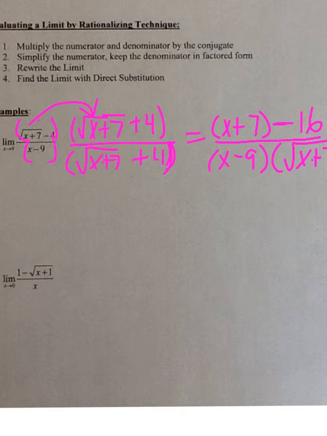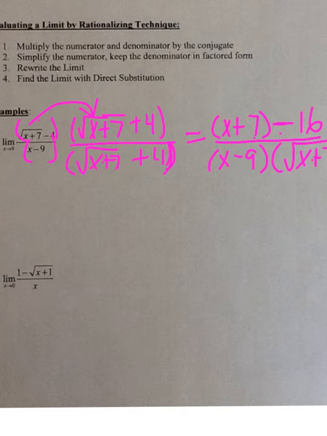Okay, so now I want to clean up the numerator. So I have x plus 7 minus 16 here. So 7 minus 16 is negative 9. So we have here x minus 9 over x minus 9 times the square root of x plus 7 plus 4.